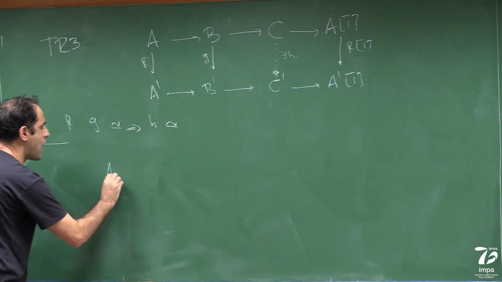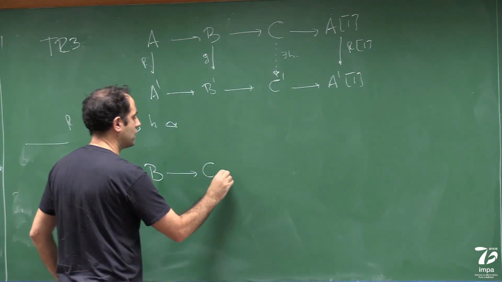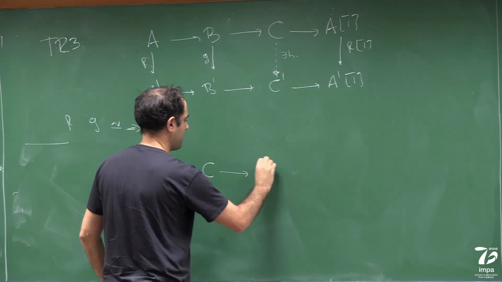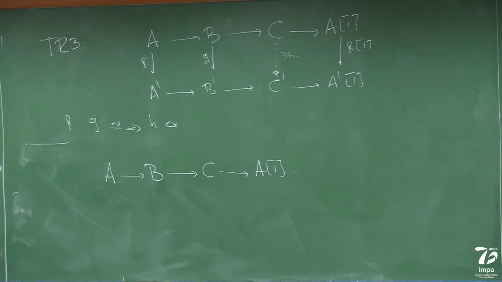So let's suppose that we have some distinguished triangle. How am I going to do this? What did I want to say?